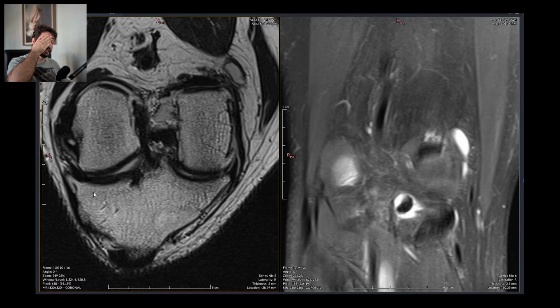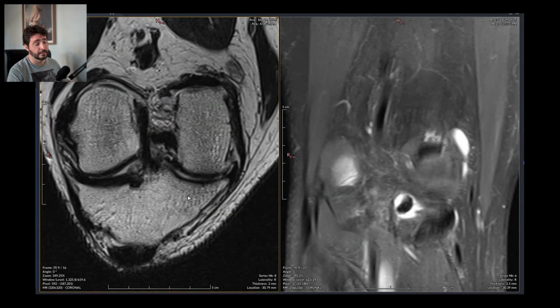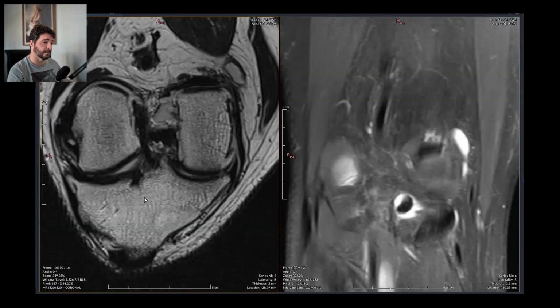I really don't get why people do this. It just makes no sense. You are supposed to evaluate ligaments and tendons with fat saturated PD or T2 sequences.